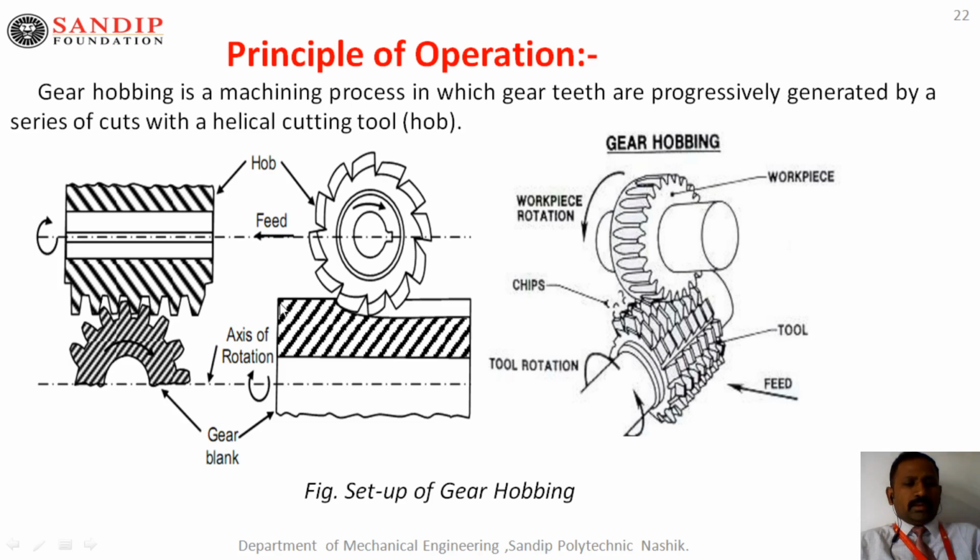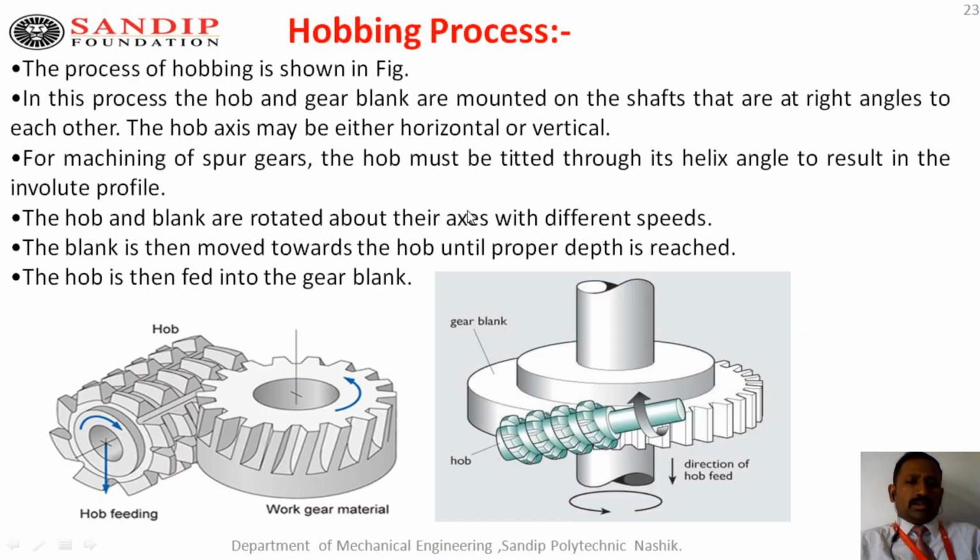Observe here, from the exam point of view, that diagram is very important. Now we are going to see how it works. In the gear hobbing process, the hob and gear blank are mounted on shafts at right angles to each other. The hob axis may be horizontal or vertical. For machining a spur gear, the hob must be tilted through the helix angle to result in the involute profile.